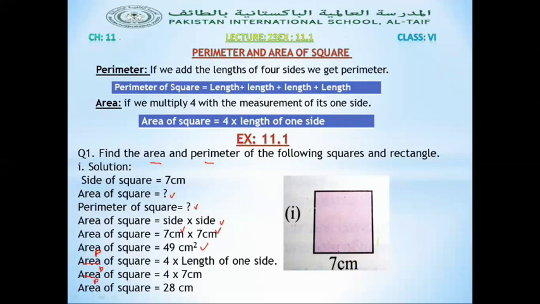All sides are equal: this one, also this one, as well as this one. So we will multiply 4 by 7. It will become 28 centimeters. So this is question number 1.